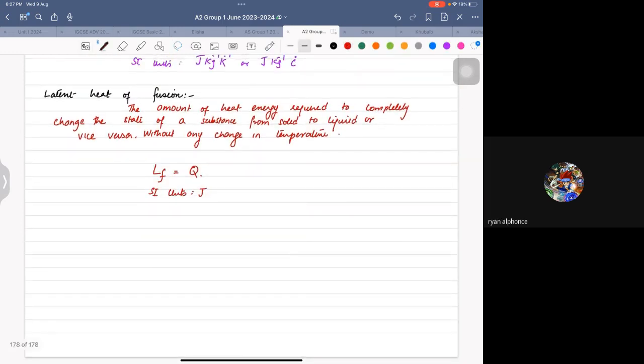The next one is the specific latent heat of fusion.